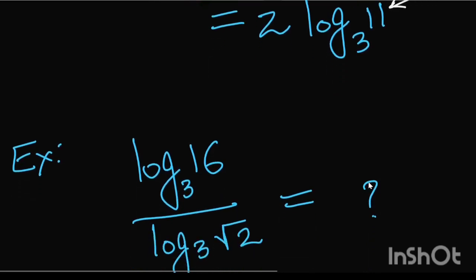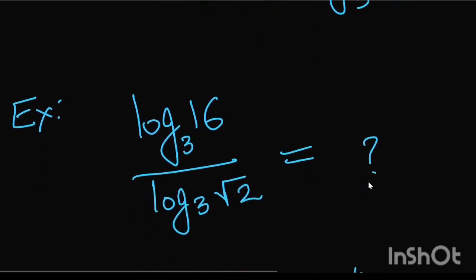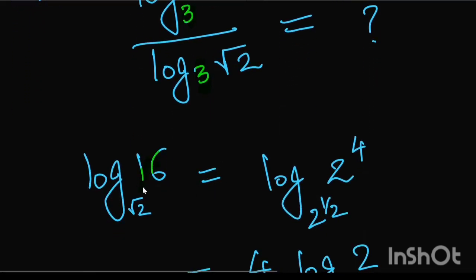Now next is log 16 base 3 upon log root 2 base 3 is equal to what, guys? As you can see, the bases are the same, so directly we can apply the formula. So it becomes log 16 base root 2. Now we know that 16 and root 2 are both powers of 2. 16 is 2 to the power 4 and root 2 is 2 to the power half.